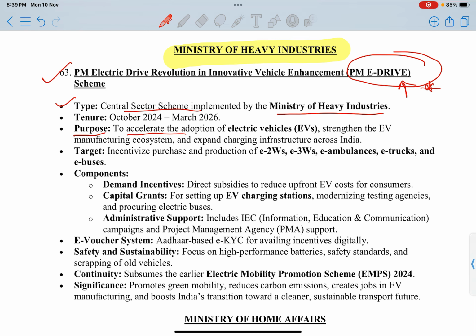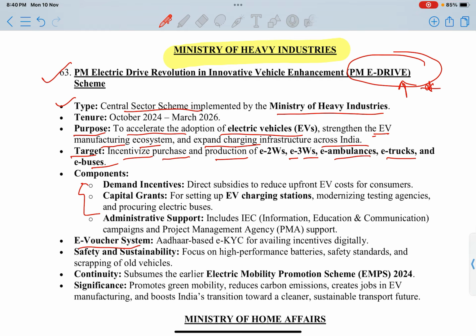Purpose: to accelerate the adoption of electric vehicles (EVs), strengthen the EV manufacturing ecosystem, and expand charging infrastructure across India. Target: incentivize purchase and production of e-2Ws, e-3Ws, e-ambulances, e-trucks and e-buses. Everything electric. There are some components you go through on your own.